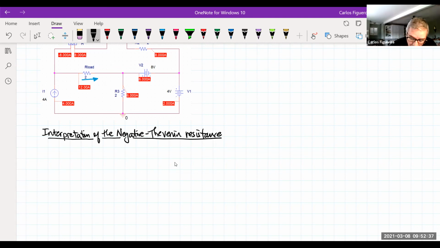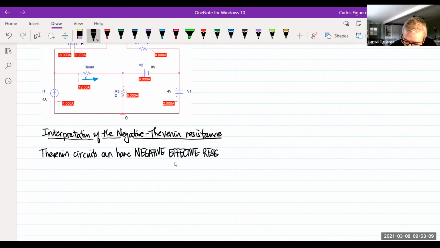So this is a DC circuit, no doubt. However, Thevenin circuits can have negative effective resistance.